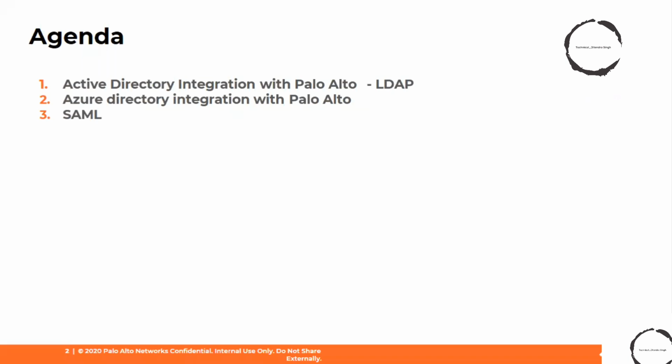User ID is similar to this LDAP and your Azure Active Directory, because with the help of this LDAP integration, we are collecting the user information from your third-party server. Third-party means your Windows server, your SAML, or you have the user directory on Azure. So how we fetch the details from your server to the firewall, all the information we will cover in today's session.